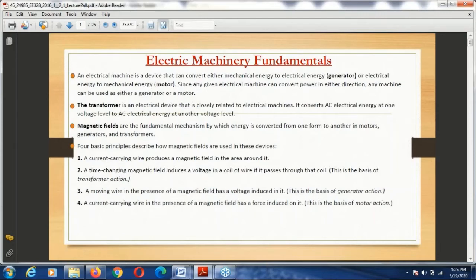Is it clear? While for generators, a moving wire in the presence of a magnetic field has voltage induced in it, this one has force induced in it. So you can see the different principles.